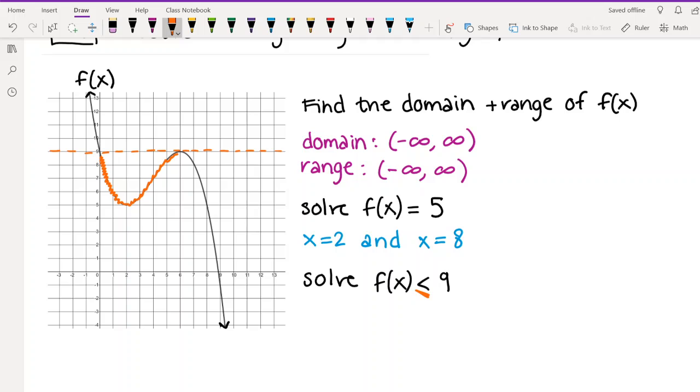It doesn't say less than or equal to, so we need to make sure that we do not include the values where f of x actually equals 9. I'll put an open circle there to remind us that we're not going to include x is equal to 0. Similarly, when x is equal to 6, y is equal to 9, so we want to make sure that we don't include that point.